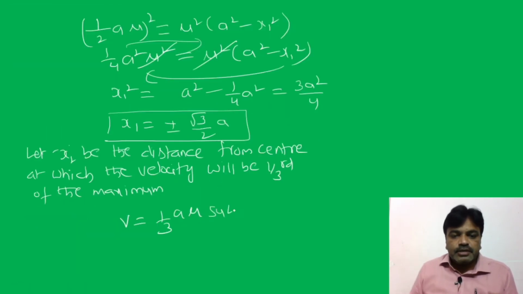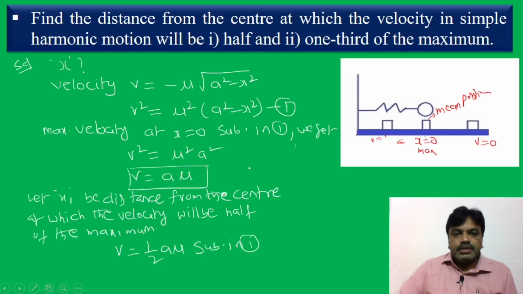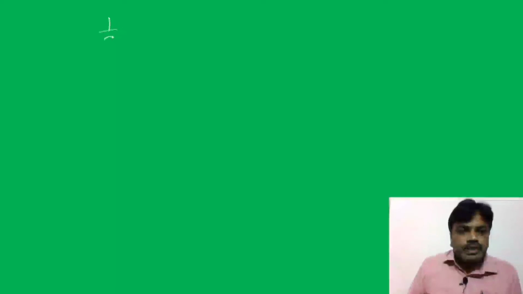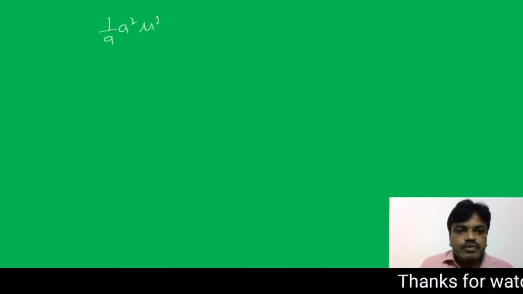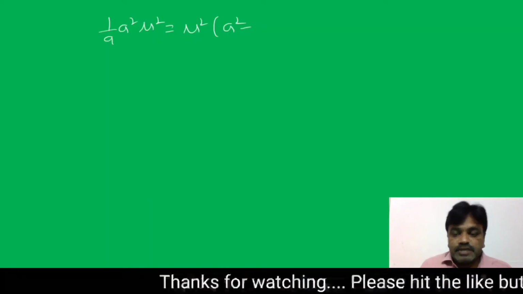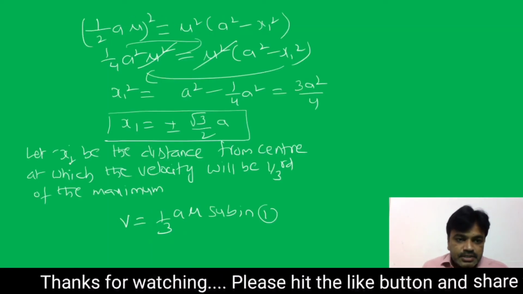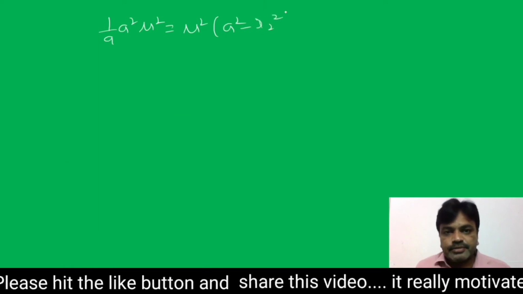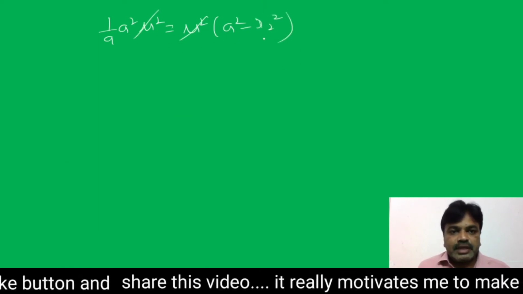Substitute again in equation 1. (1/3 aω)² means 1/9 a²ω² = ω²(a² − x2²). This time the distance is x2. Again ω² cancels.